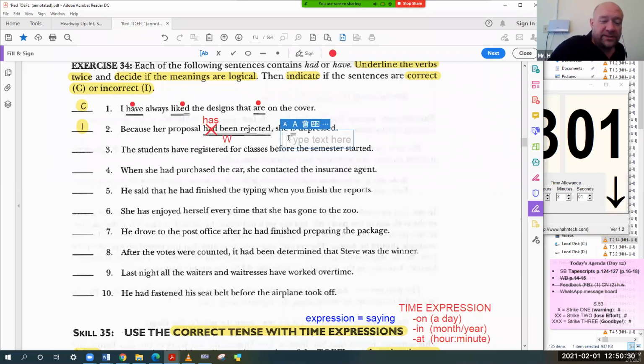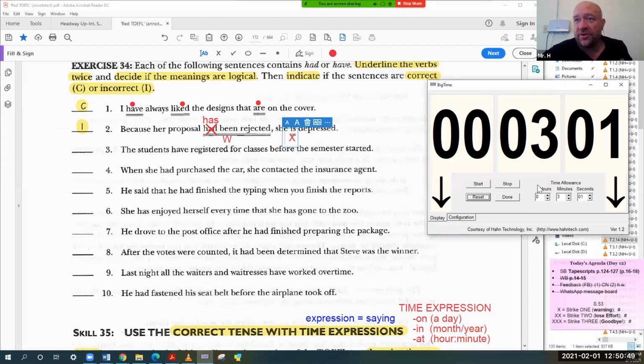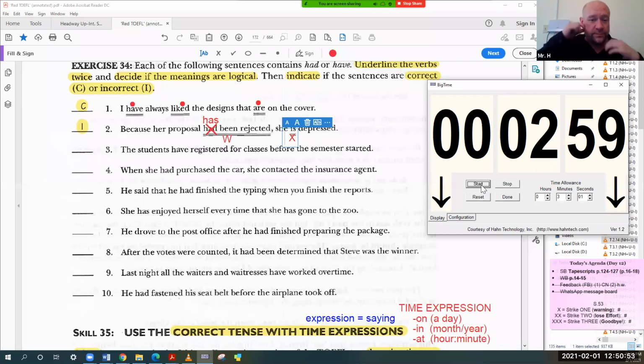That is also correct. Okay. Then your W comes before X. Do you understand? Yeah? All right. Go ahead, gentlemen. Do these other exercises. Start now. Three minutes.